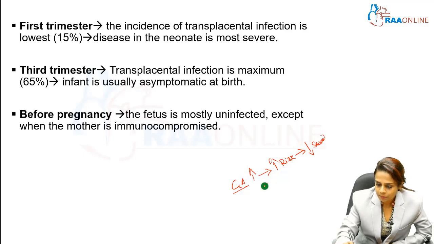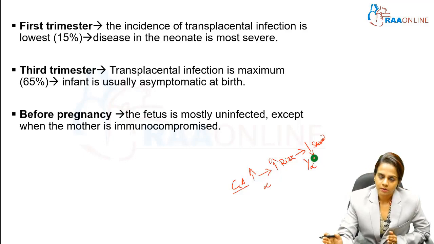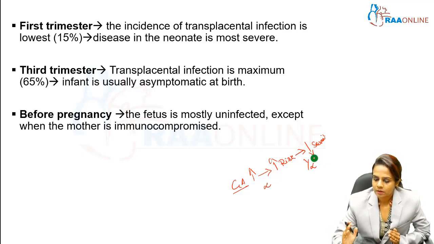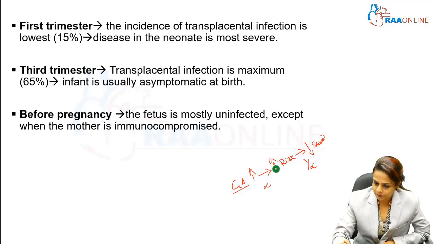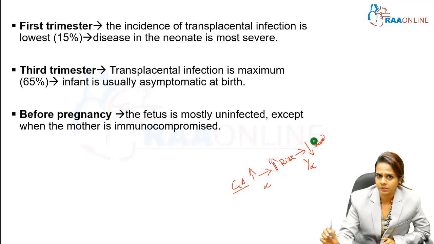So this is directly proportional, and this is inversely proportional. In this way you can remember. In toxoplasmosis, as gestational age increases, the risk of transmission to the fetus increases, but the disease severity in the neonate decreases.